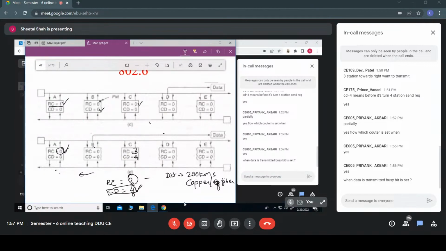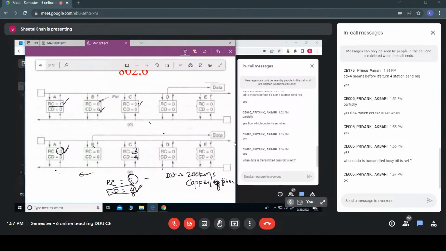It can be designed for transmitting both audio as well as video data. When data is transmitted by any of the stations, it has to set the busy bit. Is it clear?